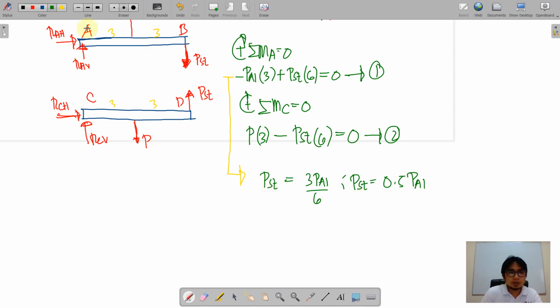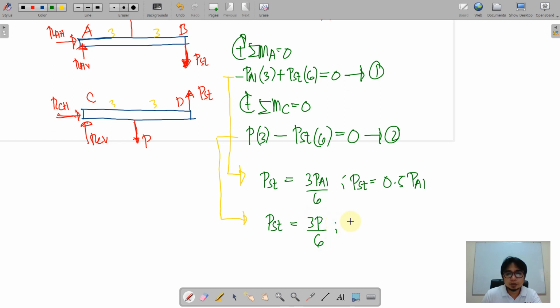And then further, we can also see from equation 2 that P of steel is equal to, when we transpose this, the negative will just cancel on both sides, 3P all over 6.